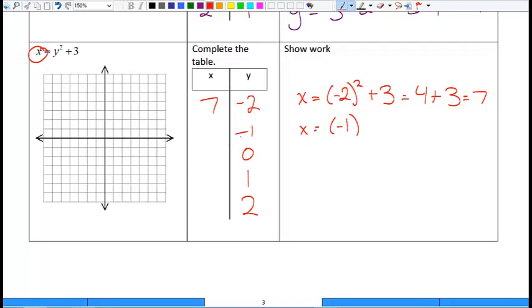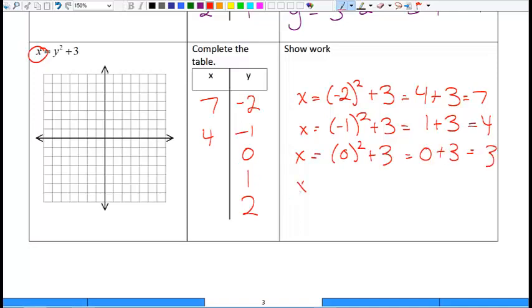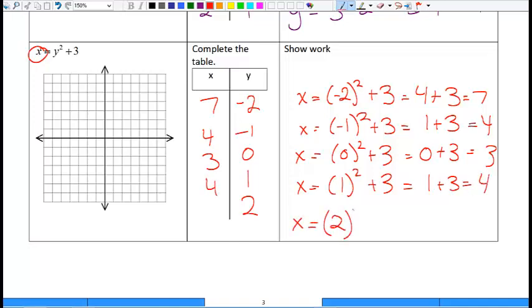So x is equal to y squared plus 3, which in the next case is -1 squared plus 3, which gets me a solution of 4. 0 squared plus 3, I plugged 0 in for y. The next one I'm going to plug 1 in for y. And the last one I'm going to plug in 2 for y.